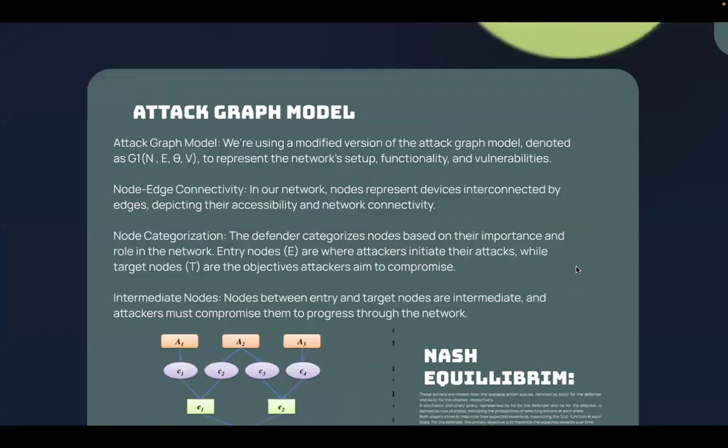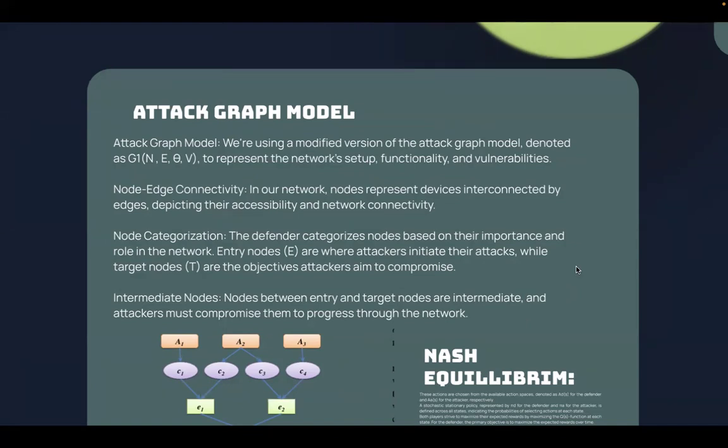Now we'll look at what the attack graph model is. Here we are studying a specific type of attack where the attacker first gathers all the information about the network, like how it is set up, what each part does, and where it is vulnerable.